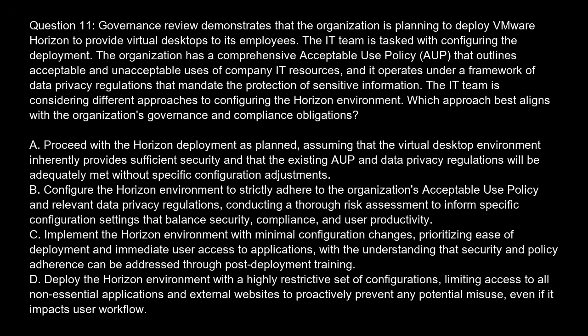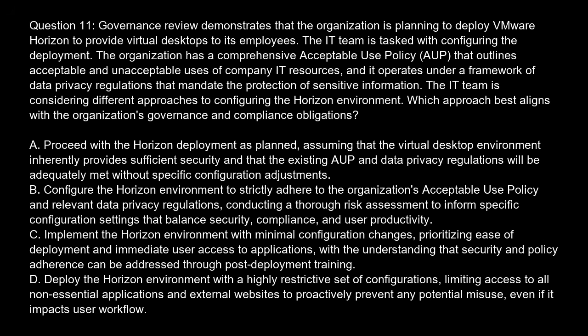Option B. Configure the Horizon environment to strictly adhere to the organization's acceptable use policy and relevant data privacy regulations, conducting a thorough risk assessment to inform specific configuration settings that balance security, compliance, and user productivity. Option C. Implement the Horizon environment with minimal configuration changes, prioritizing ease of deployment and immediate user access to applications, with the understanding that security and policy adherence can be addressed through post-deployment training.